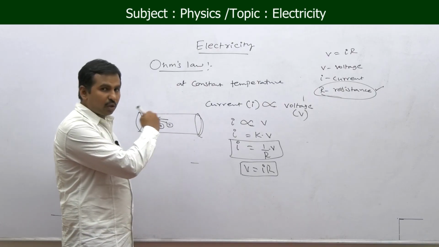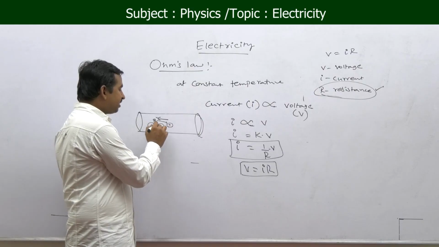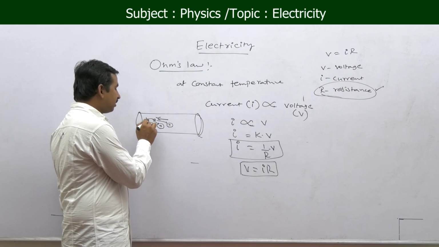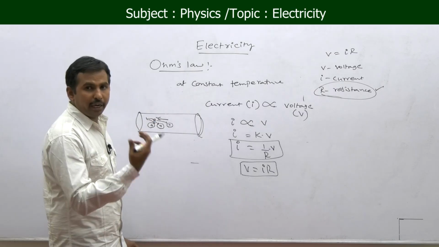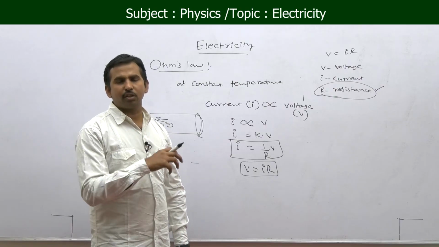Whenever it crosses the first proton, next again one more positive charge is there, and again it is attracted towards that one. Again there is a decrease in the speed, and whenever it passes there, again one more positive charge we have, and again it is attracted towards that, and again there is a decrease in the velocity.